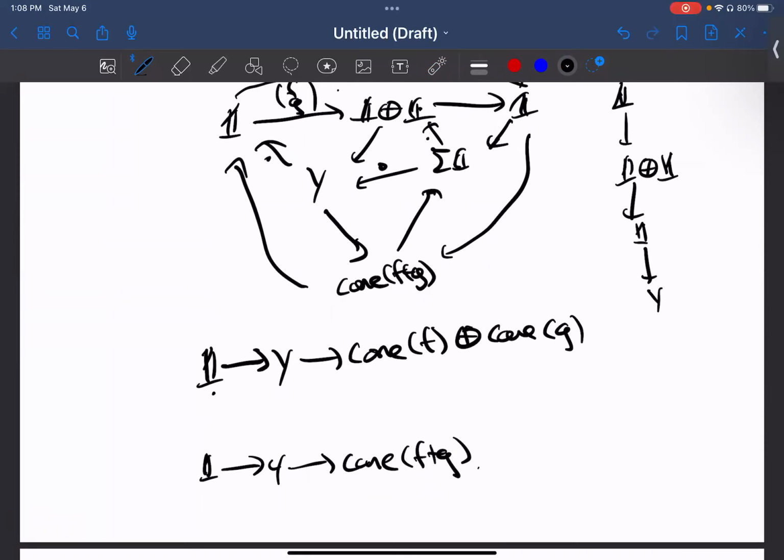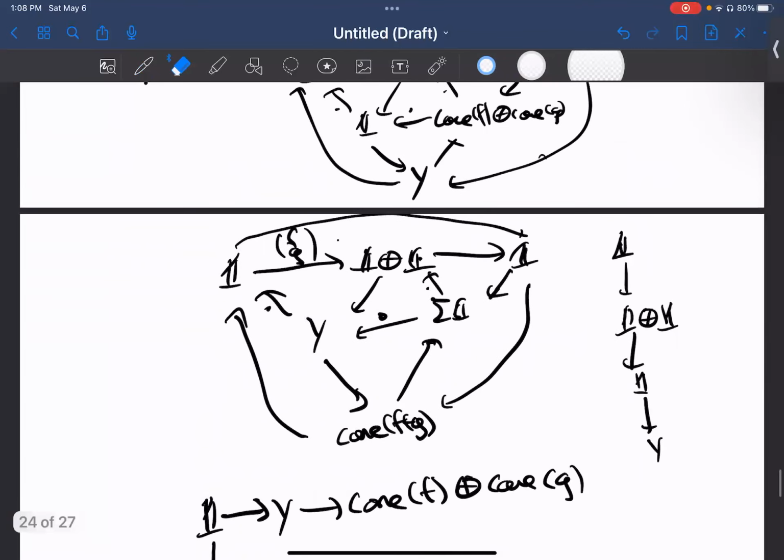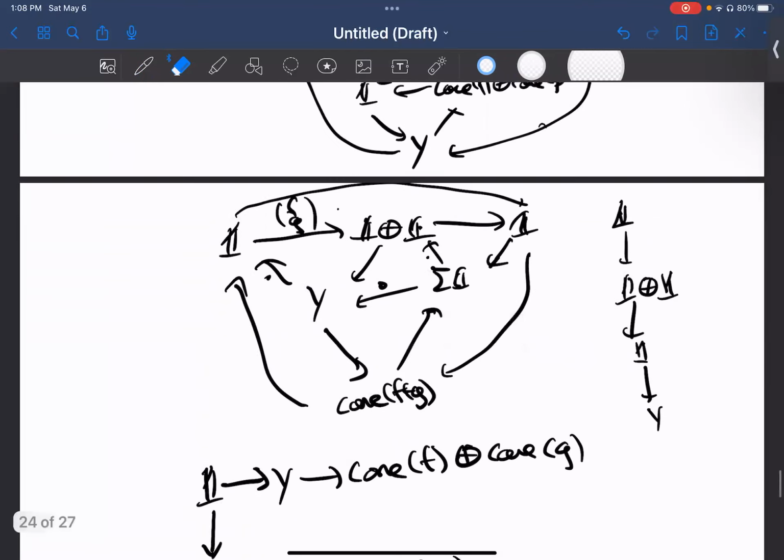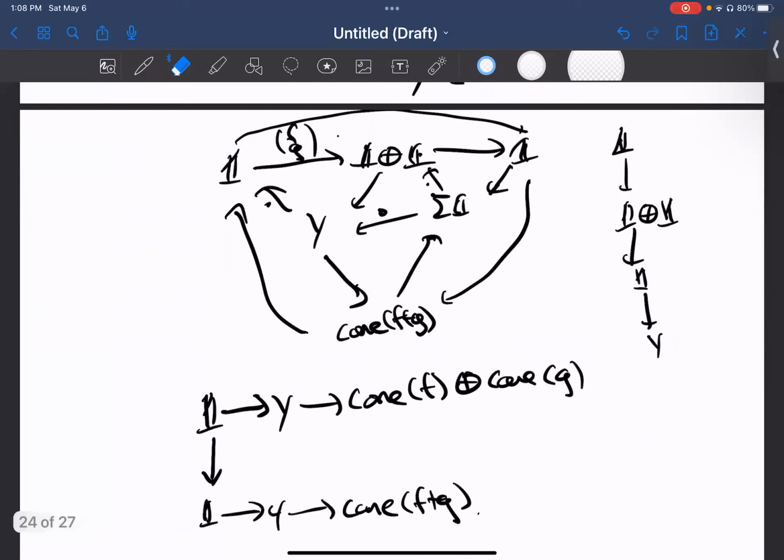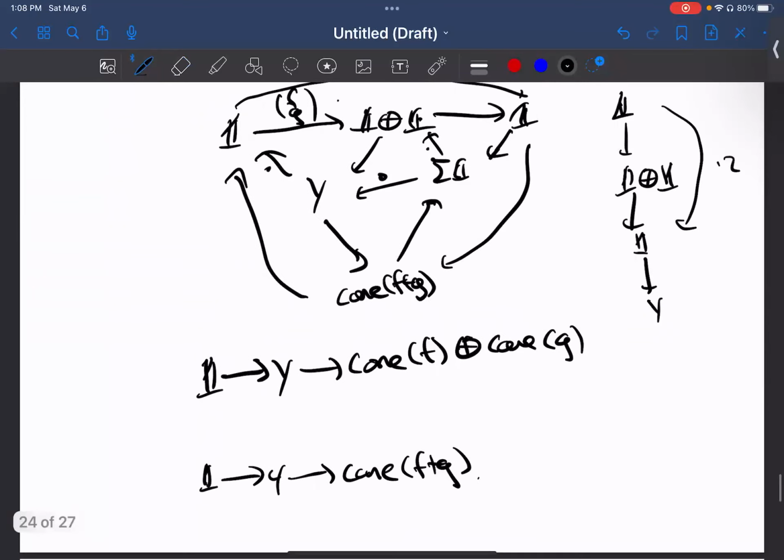I can do this here. Which way am I going here? Oh yeah, I want to go the other way on the bottom. Right, so this is the multiplication by 2 map. And then we go into Y.